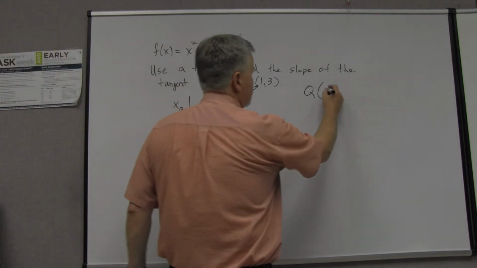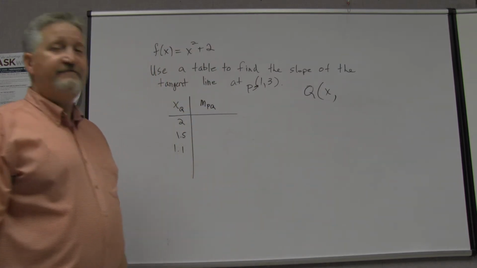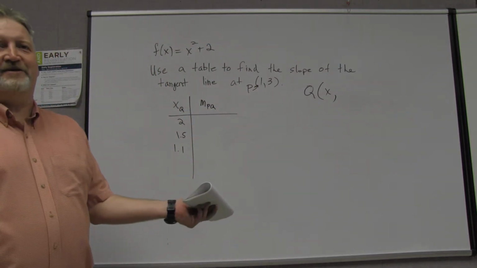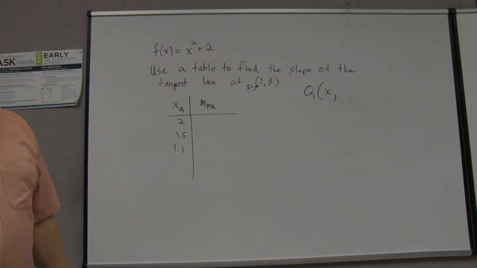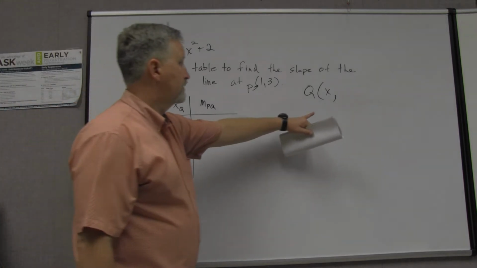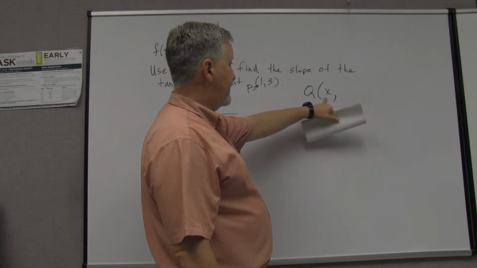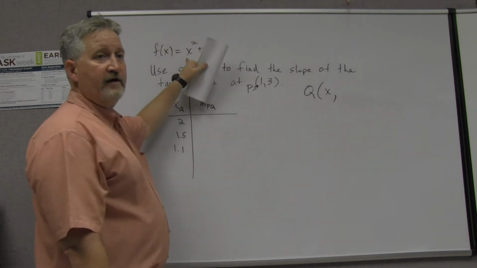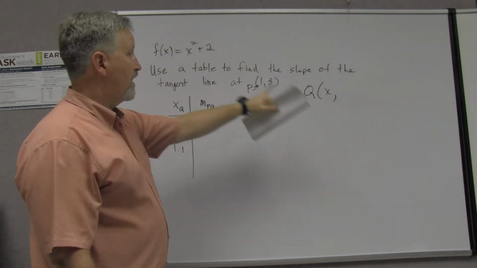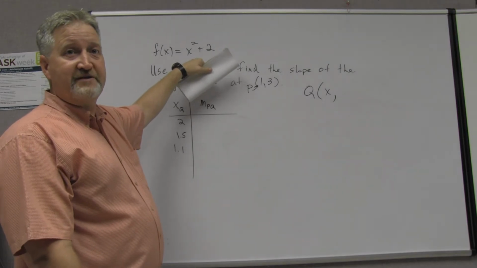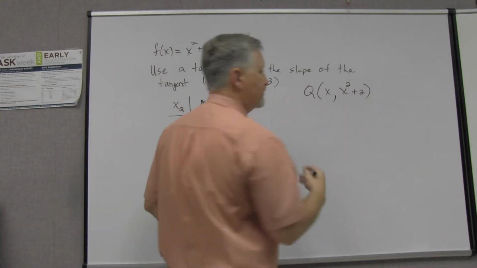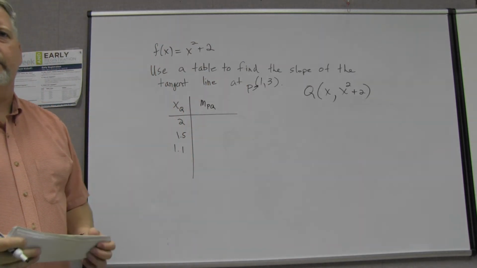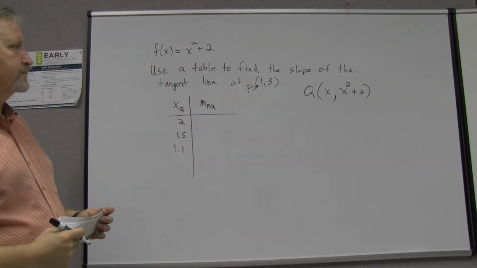So let's just call the x value of the Q x, because it's going to be a variable sort of thing. What then are my y values for that Q point? Well, it's whatever I plug in for x, whatever I get out of this function, right? So isn't the y value going to be x squared plus 2? It's going to be x squared plus 2. So that gives me a general way of thinking about the Q point there.